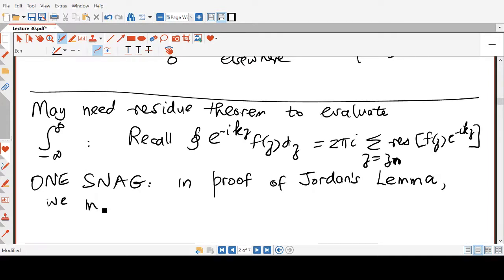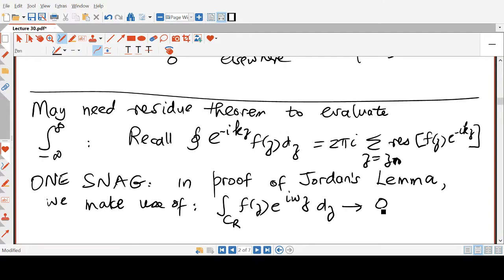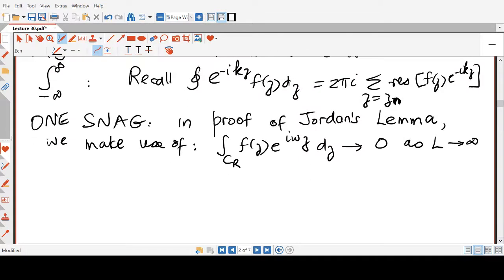We make use of a result like this: the integral along a semicircle of f of z e to the i omega z dz goes to 0 as L goes to infinity. What is L? If we have some singular points, we surround them by a semicircle contour from minus L to plus L, and then we make L go to infinity. So this can be as big as possible, but in that instance, the integral on the semicircle becomes 0.